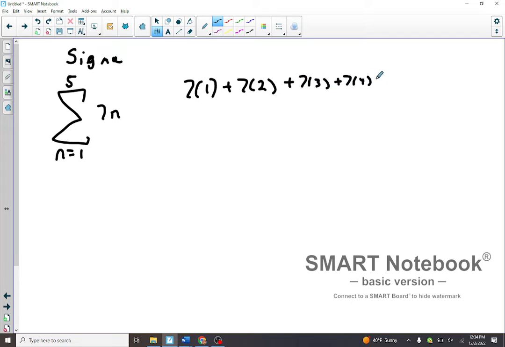I'm not going to ask you to actually do the math unless you really want to. 7 times 5. This is exactly what we did in the first problem. But just know there should be pluses on them. You're just adding them, so the sum is the answer. 7, 14, 21, 28, 35. You actually add that up, whatever that is.